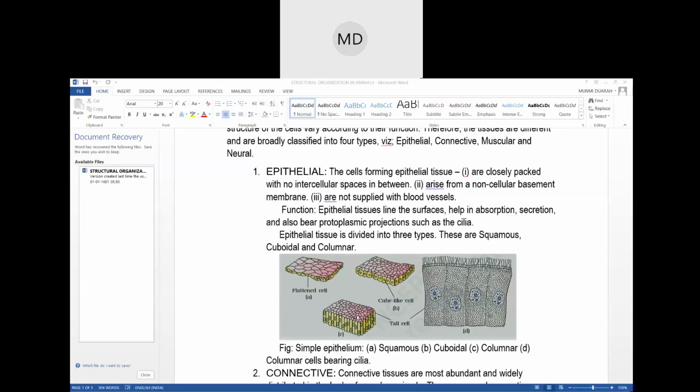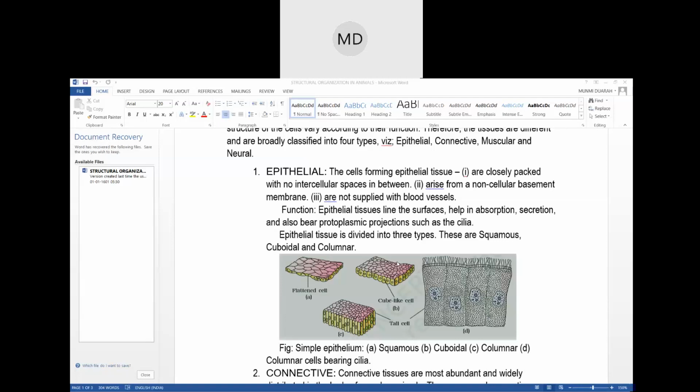Some columnar tissues do not have any cilia, but there are some which have cilia. So this is actually not a third type. Only three types are there, but some columnar epithelial tissues have cilia and some don't. This is the cilia, hair-like projections, known as cilia.